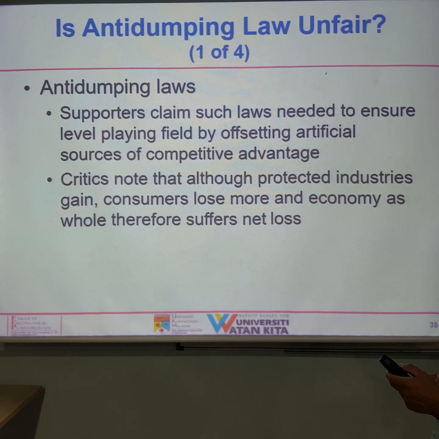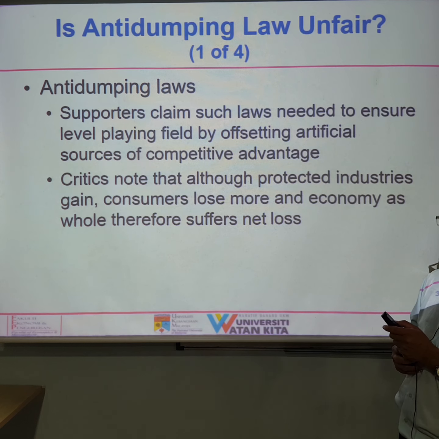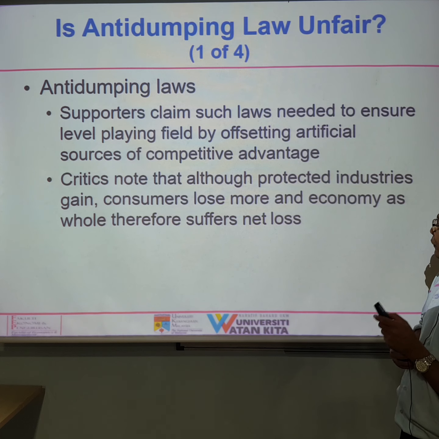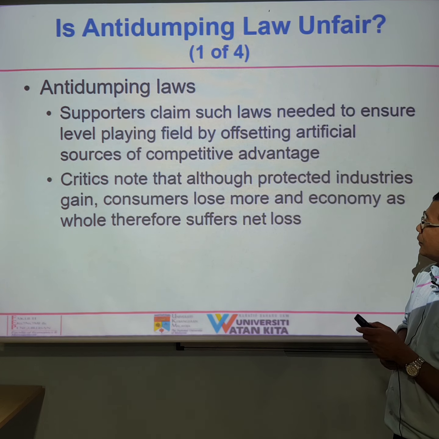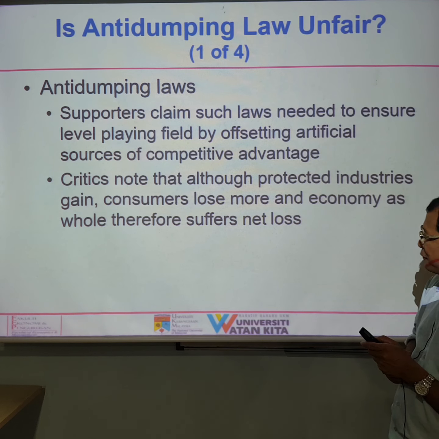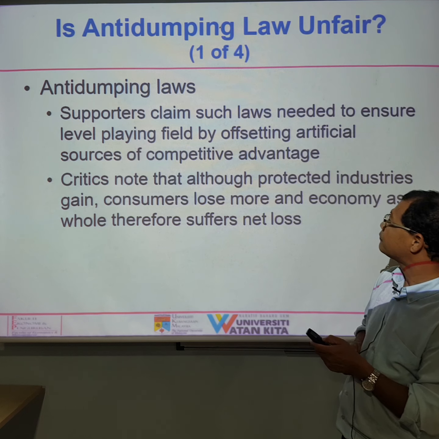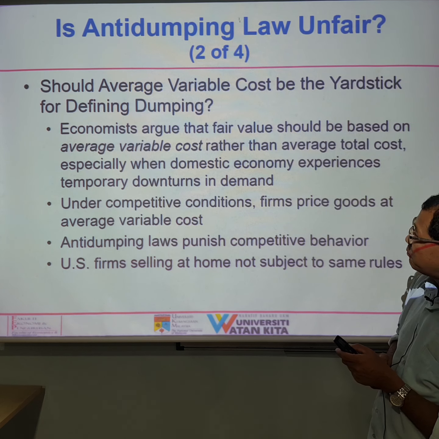So anti-dumping laws. Supporters claim such laws are needed to ensure a level playing field by offsetting artificial sources of competitive advantage. Critics note that although protected industries gain, consumers lose more, and the economy as a whole therefore suffers net losses. Should average variable cost be the yardstick for defining dumping?